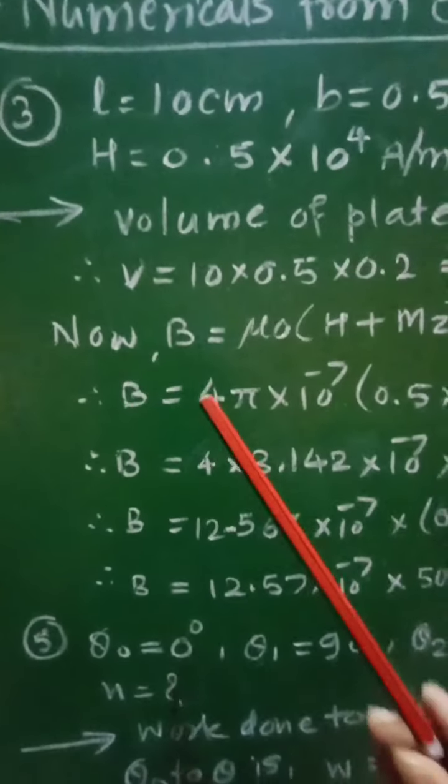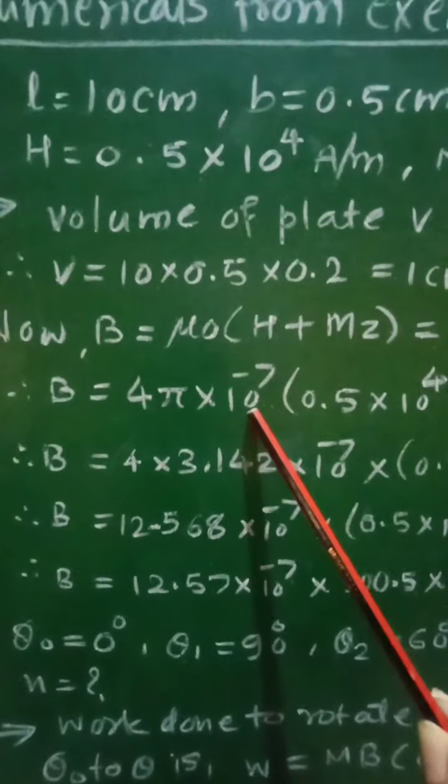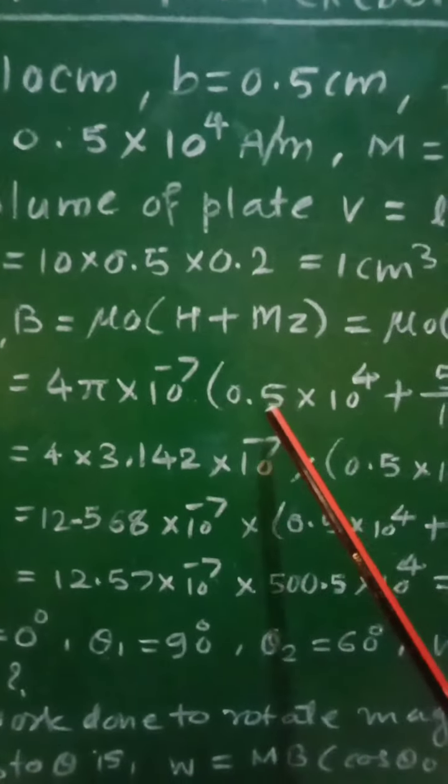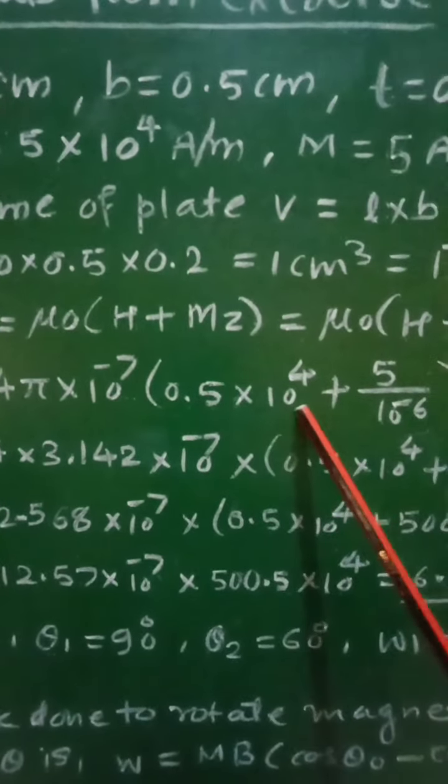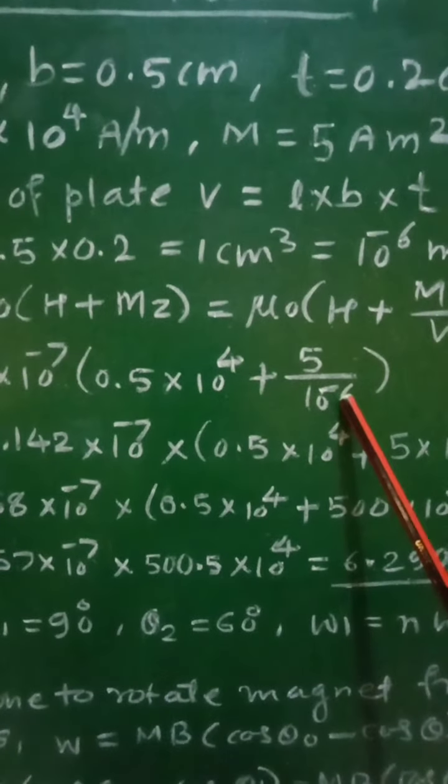Putting the values, we will get B equal to 4 pi into 10 raised to minus 7, that is mu 0, into 0.5 into 10 raised to 4 plus 5 upon 10 raised to minus 6.